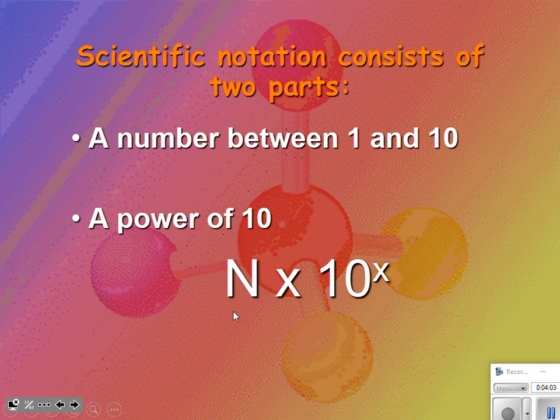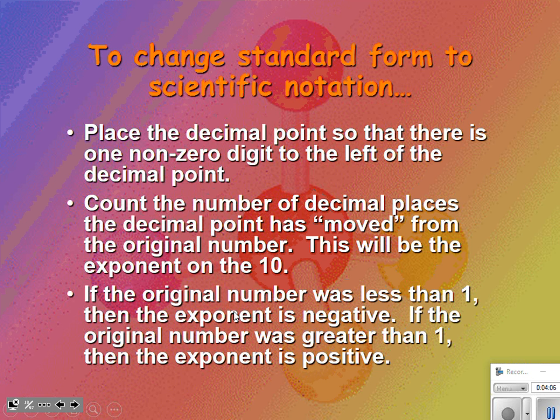Well, how do we do it? Like this. And I'll give you a second to copy that down. Place the decimal point so that there is one non-zero digit to the left of the decimal point. So we're going to start off on our numbers to make sure that there is one non-zero digit left of the decimal.